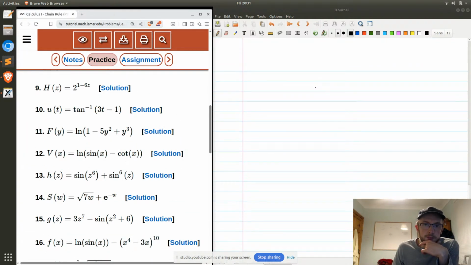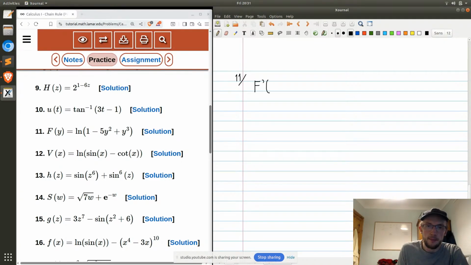Next, doing the next problem. f of y is the natural logarithm of 1 minus 5y squared plus y cubed. So what is f prime of y? What's the derivative of the natural logarithm? 1 over x, right? d by dx of ln x is 1 over x.